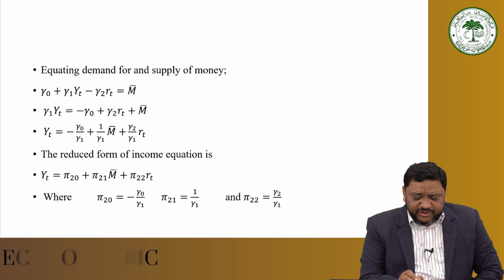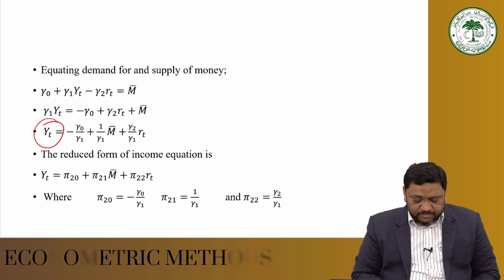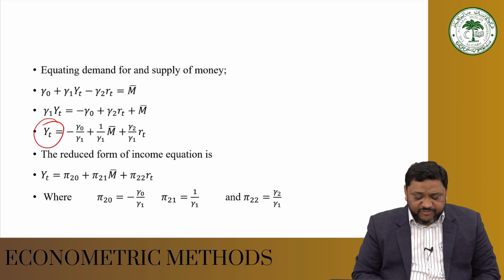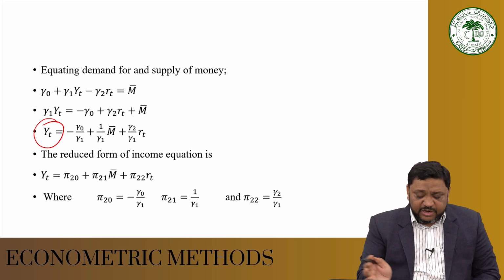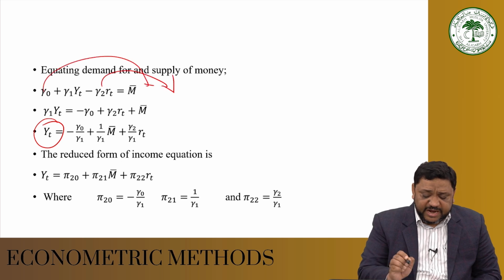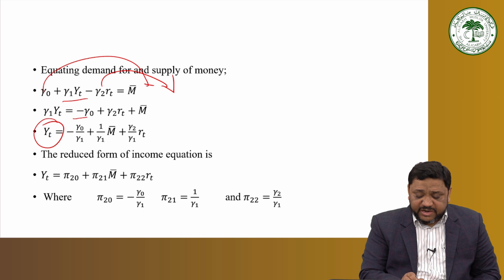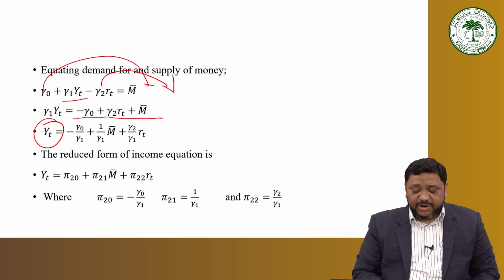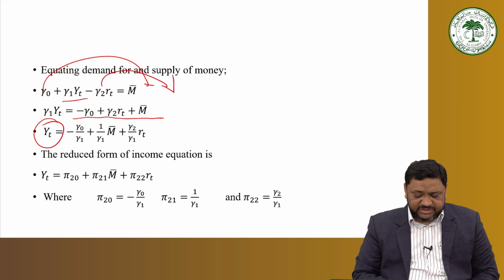Now we want to write this LM equation in Yt format. We take the remainder of the terms to the right hand side. So gamma 1 Yt is equal to minus gamma 0 plus gamma 2 RT plus M bar. M bar is the fixed money supply.